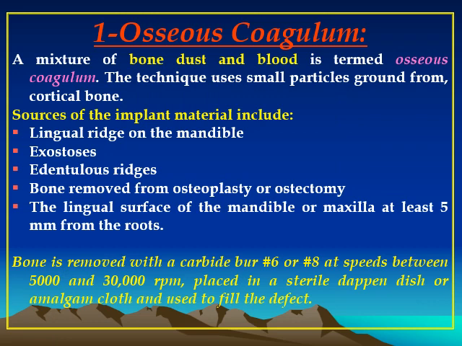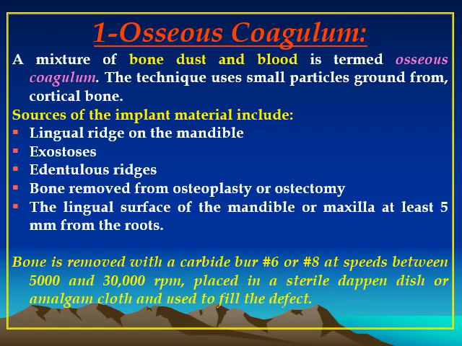A mixture of bone dust and blood is termed osseous coagulum. The technique uses small particles ground from cortical bone. The sources of the implant material include the lingual ridge on the mandible, exostosis, edentulous ridges, bone removed from osteoplasty or ostectomy, or the lingual surface of the mandible or maxilla at least 5 mm from the roots.